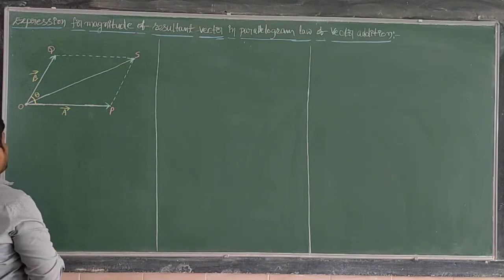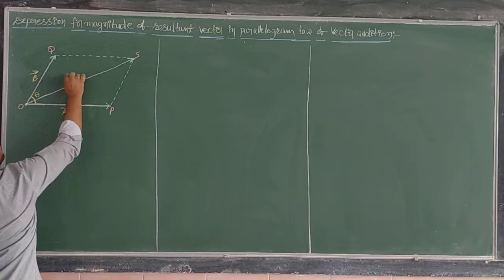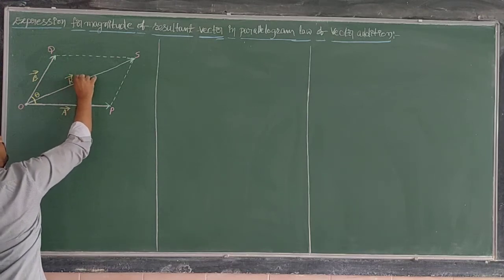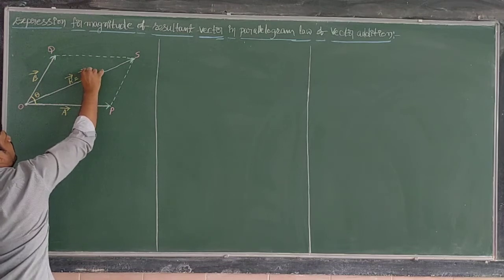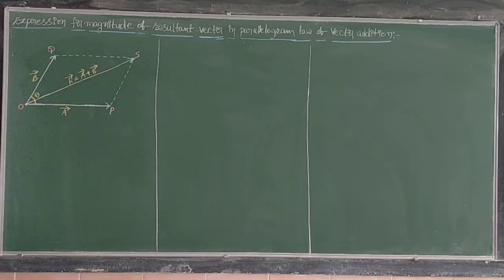This diagonal represents A bar plus B bar equal to R bar.